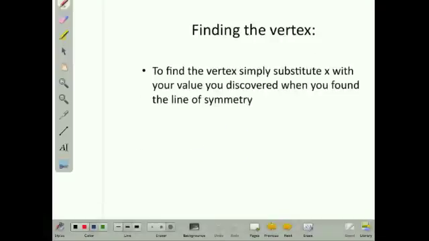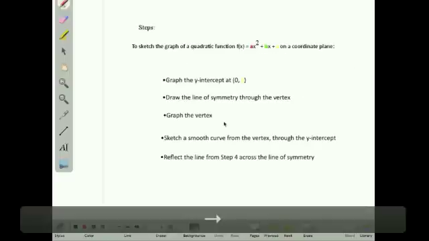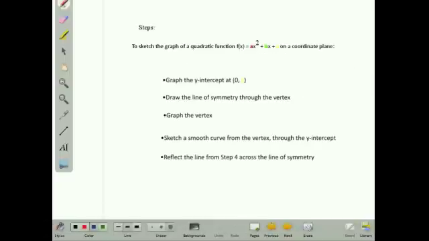Now we talked about finding the vertex already. Once you find the line of symmetry, you're going to plug that value into your equation and solve. So here are your steps. First thing you want to do is graph the y-intercept.